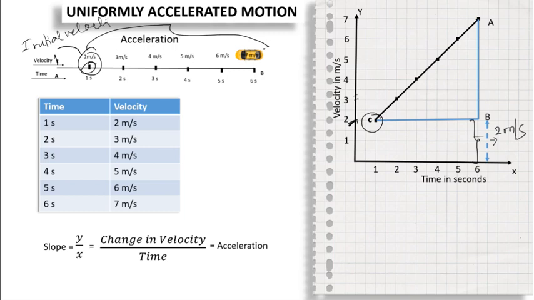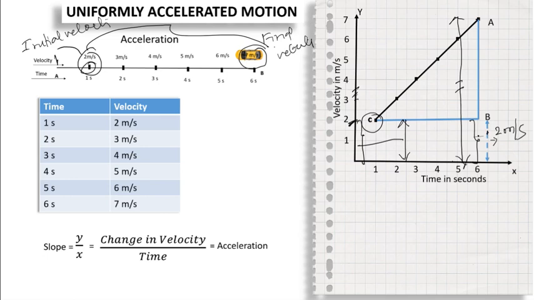And what is the final velocity? 7 meter per second is the final velocity. Please remember this. So here, this much of distance is the initial velocity, whereas from here to here, this much of distance is the final velocity, because this represents the entire y-axis here. This represents only this particular part. So please try to understand what is the initial velocity and what is the time.